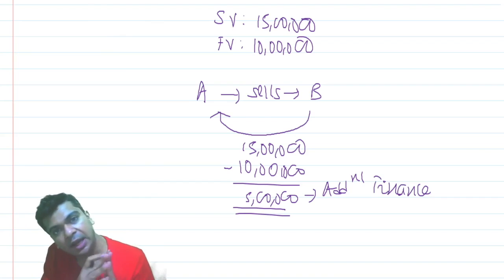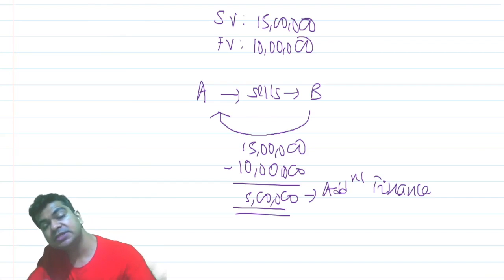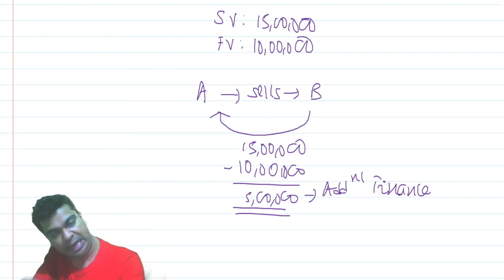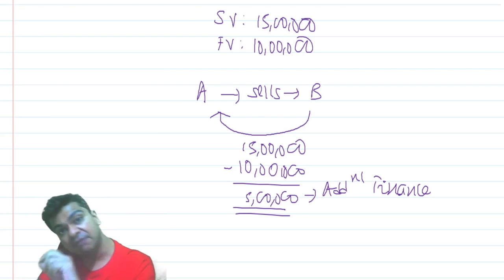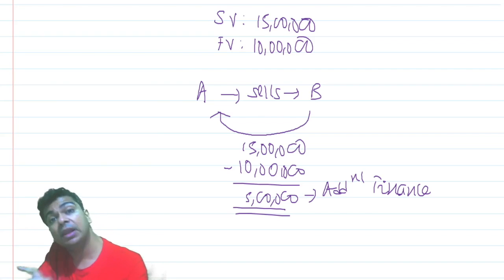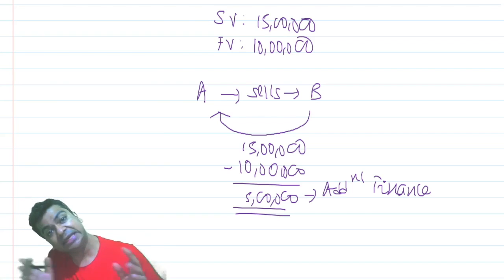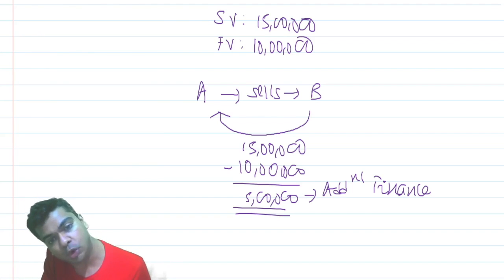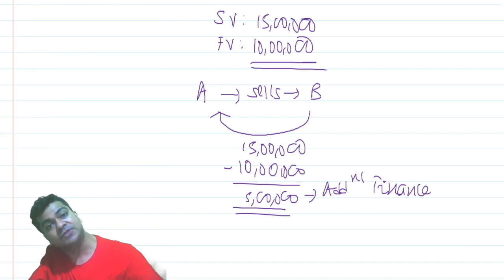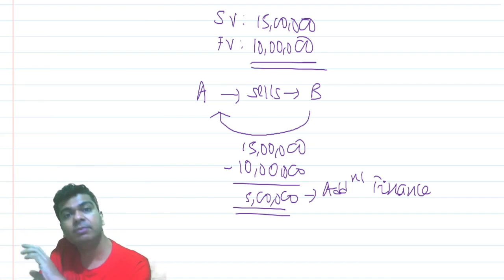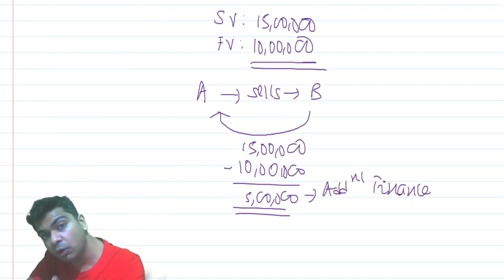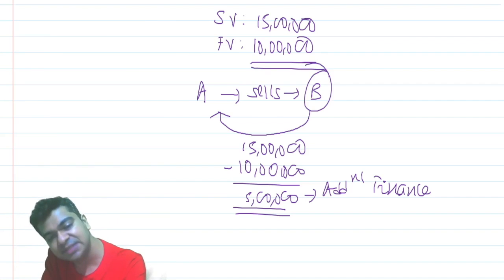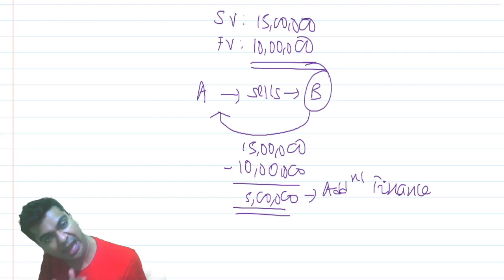We understood earlier when we shall enter into these kinds of transactions. Most of the time sale and leaseback occurs when the seller, who will later on become a lessee, is in need of money. Your asset is worth 10 lakhs, but your financing requirements are not 10 lakhs. You require more money. So you tell B that, see, I'm offering you an asset worth 10 lakhs, but I need 15 lakhs of rupees.